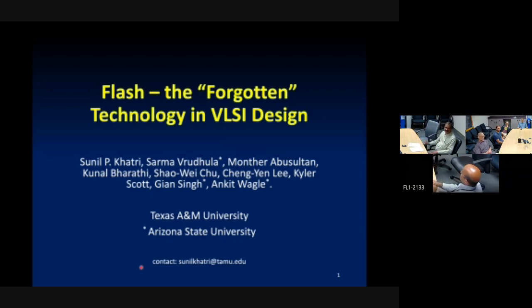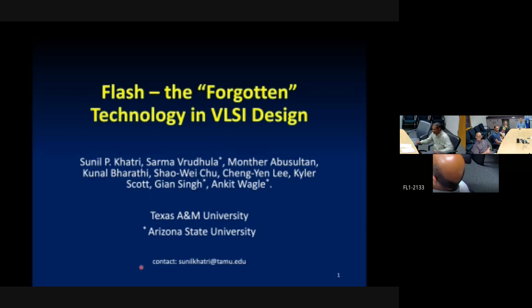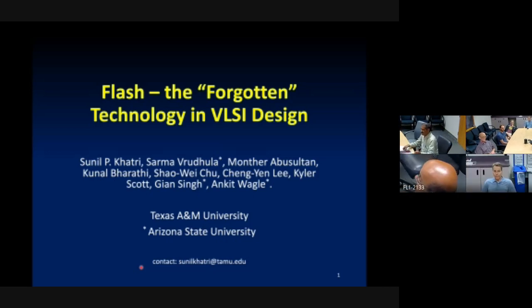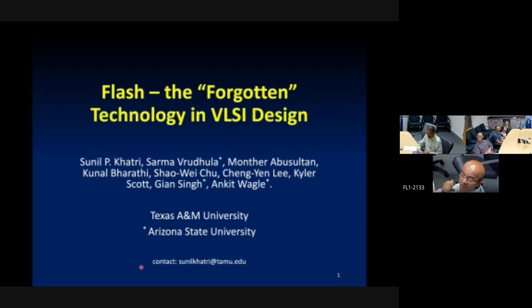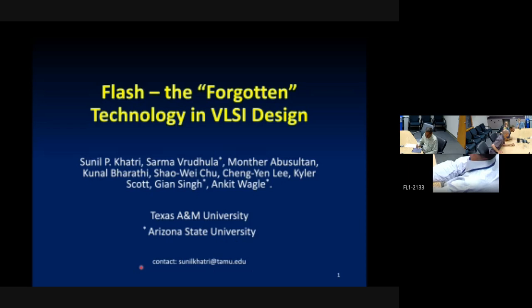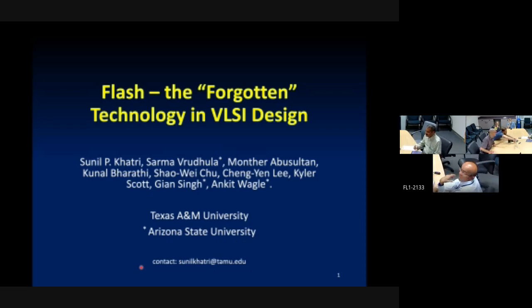So basically, what I'll talk about is something that started about 7 years ago. It started almost by accident. I had the opportunity to learn a little bit about Flash. And Flash is a floating gate technology that's commonly used for memories, right? Non-volatile memories. So SSDs, solid-state disks, and thumb drives, and so on use Flash technology.